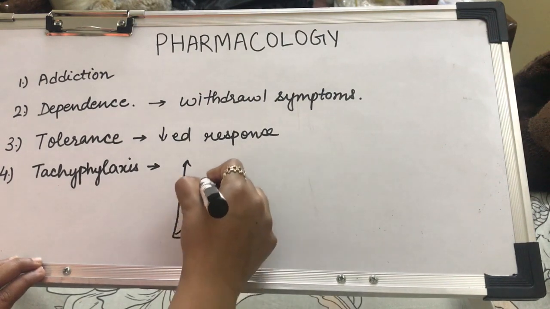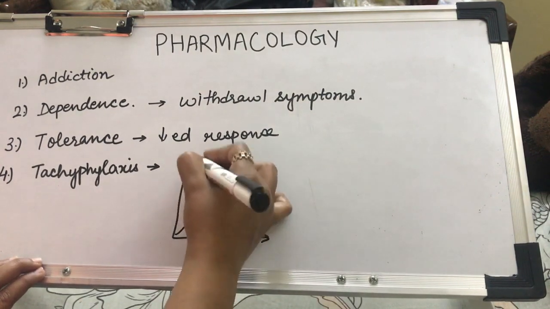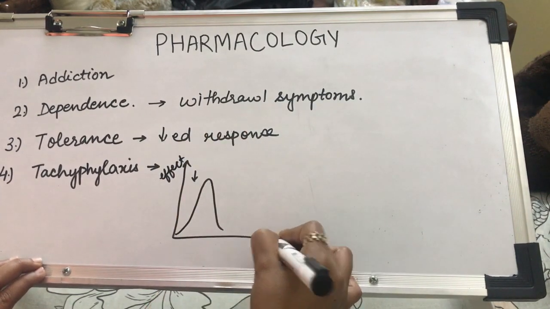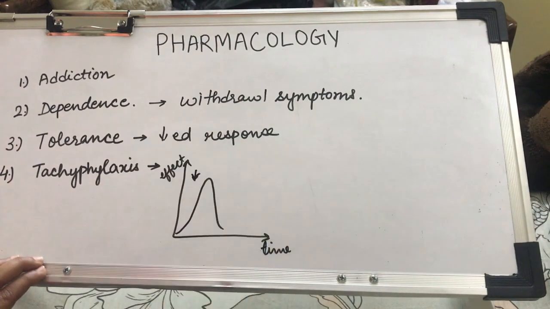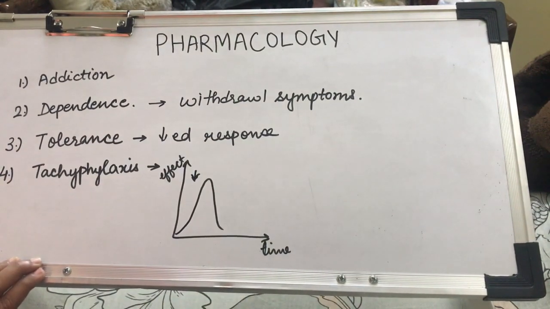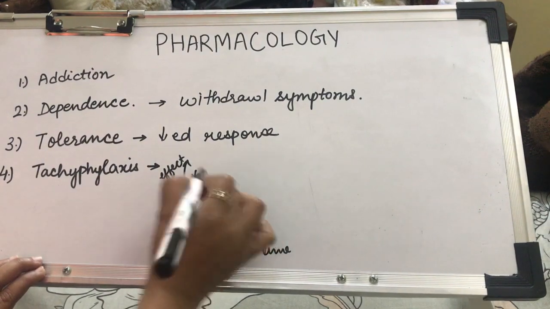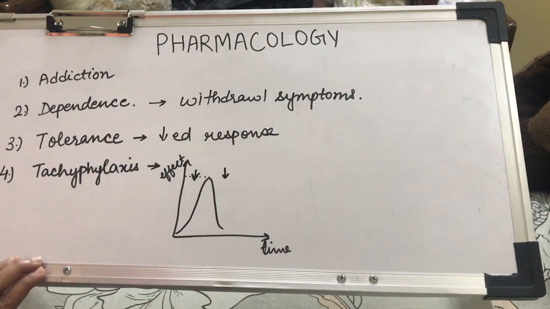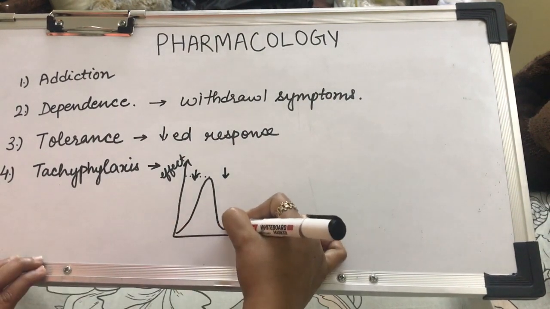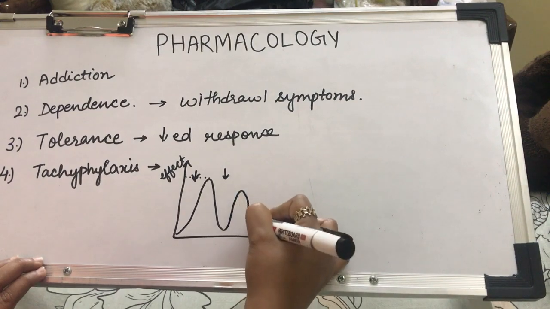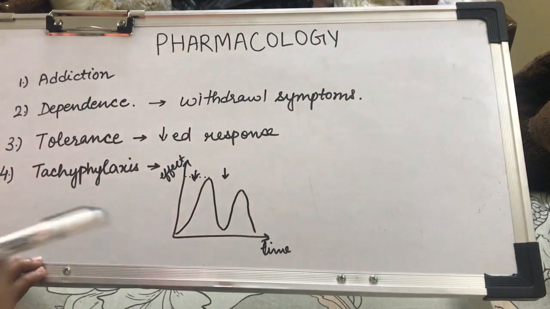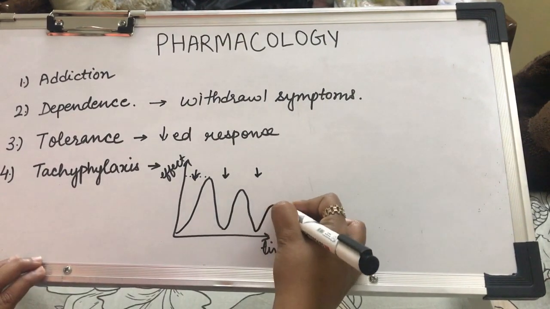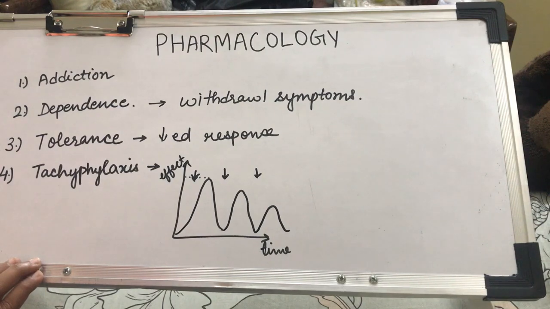For example, you took the drug here. This is your effect, this is your time, and this is the administration of that particular dose. And you observed this much effect. Then the second time you take the same dose, but the effect is reduced. Then you take the same amount of the dose, and your effect is further reduced.